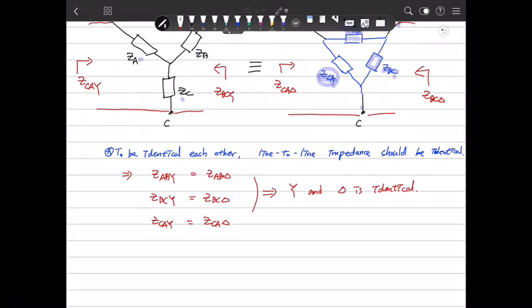So this is the principle of transformation between the Y and delta configurations.